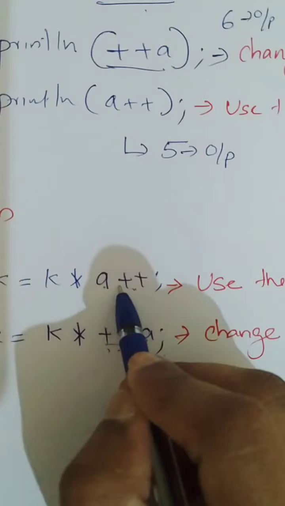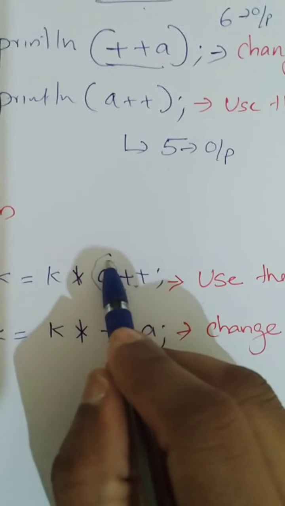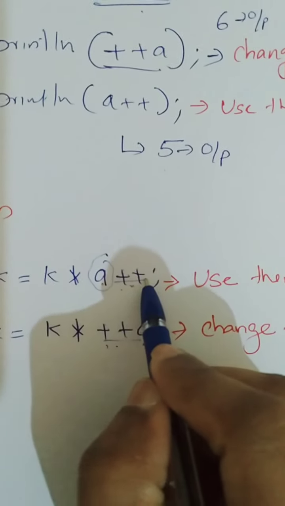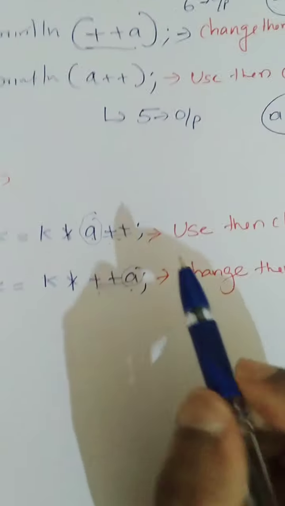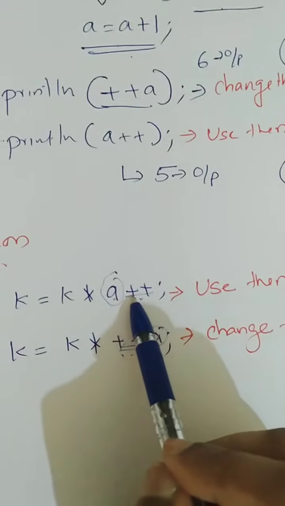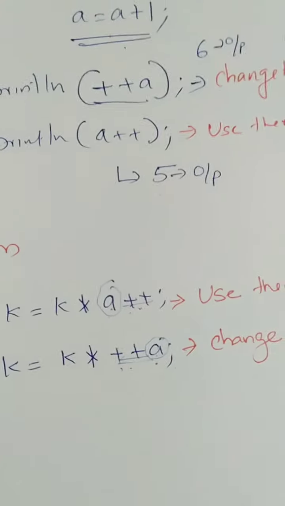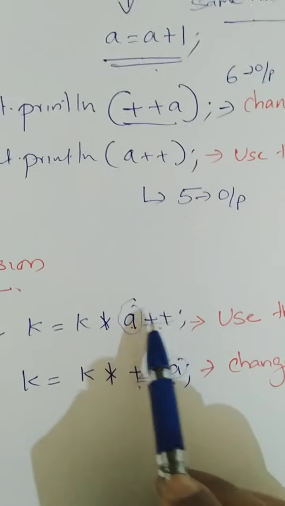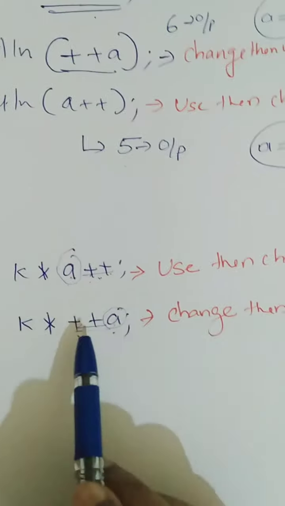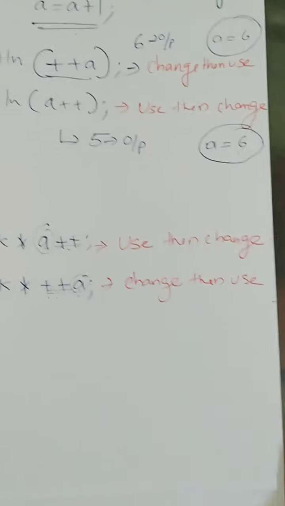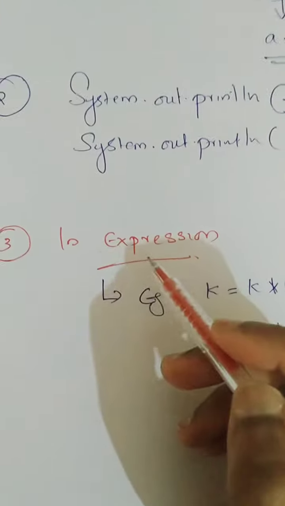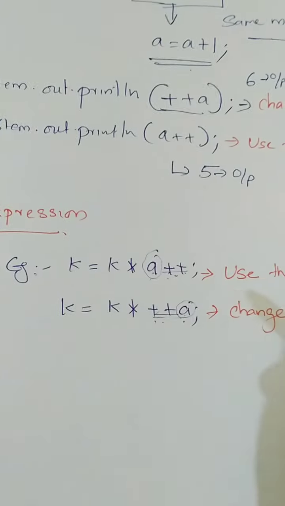As it is coming after the variable, first it will take the variable and then only make changes. Here first it will make the changes and then only take the variable. Clear? So the operator is coming after the variable, so it will use the value of the variable and then change the value. Here it is coming in front, so it will change the value and then use. If it comes in an expression like this.